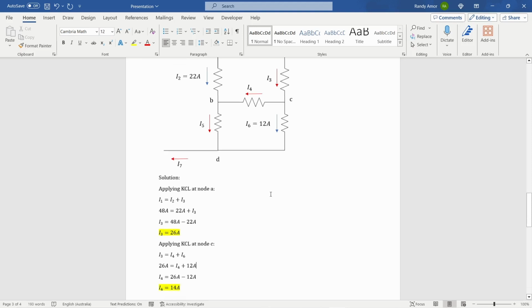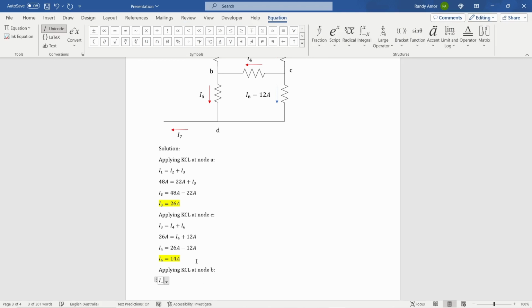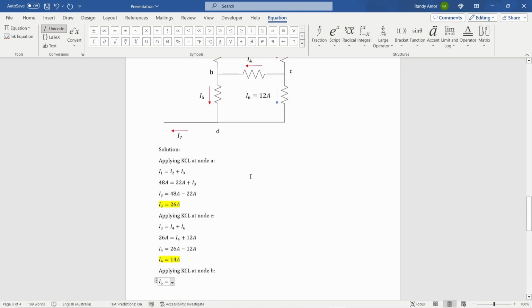So applying KCL at node B, the current leaving is I5, so we can say I5 is equal to the currents entering node B, which are I2 and I4.